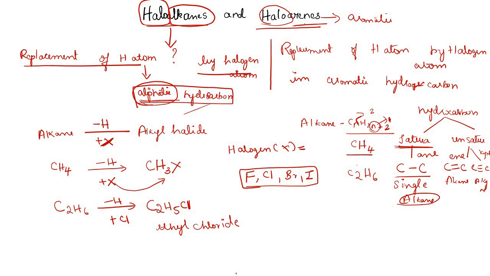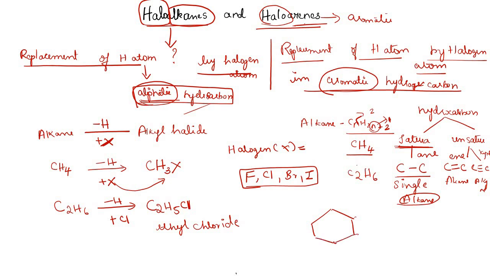Now I'll just give an introduction to haloarenes as well, how it works. So haloarenes, you know that it's a replacement of hydrogen atoms by halogen atoms in an aromatic hydrocarbon. For example, if I'm taking a benzene ring, the same thing, you're just replacing a hydrogen atom with one halogen atom.